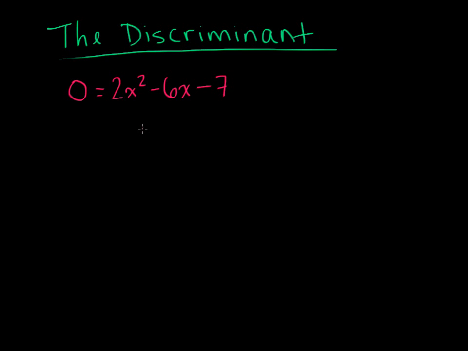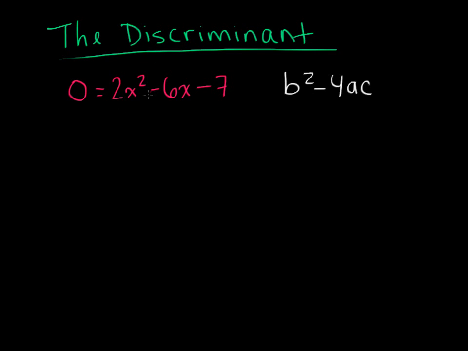So we won't actually determine what those solutions to the equation are, but we'll determine how many solutions there are. Okay, so again, we know the discriminant is b squared minus 4ac, and we want to look and see if that value is positive, negative, or equal to 0.